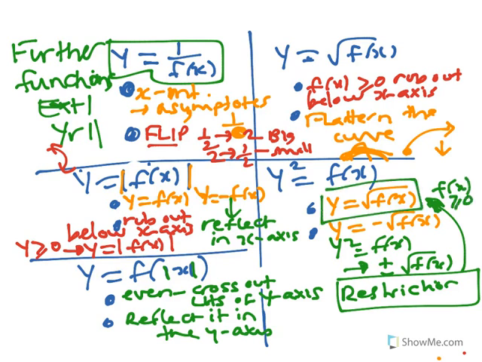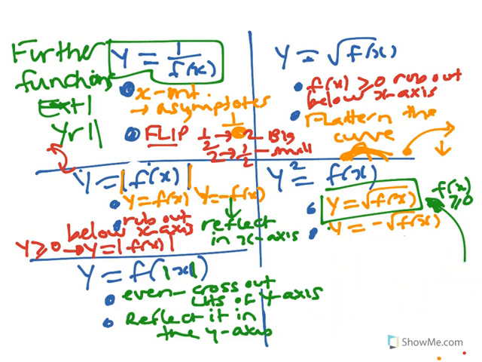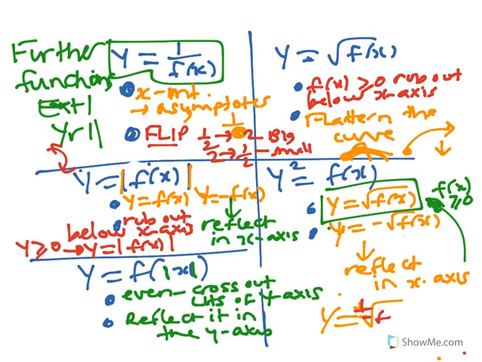So the restriction comes from that initial part, and then when you're drawing the second part, y equals minus root f of x, you just have to reflect it in the x-axis. And the whole reasoning behind that is because y squared is plus or minus the square root of f of x. I'll just make that a little bit clearer. Plus or minus the square root of f of x.